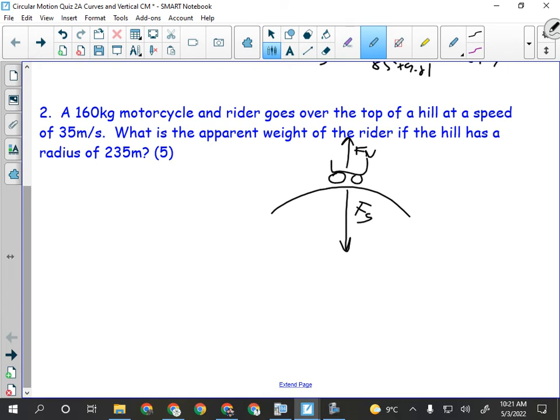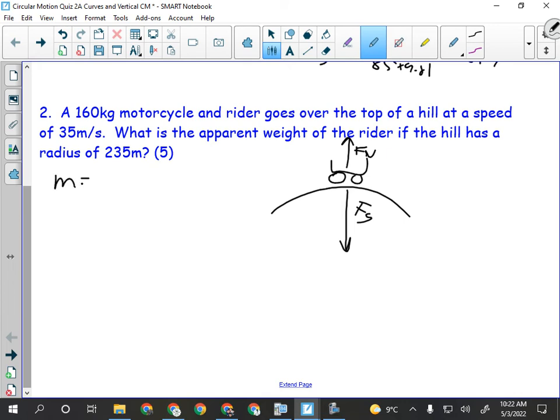Which one's bigger? Gravity is bigger. It has to be. If it's not, this thing doesn't do at all what it's supposed to do. It literally flies off of the corner, like thrown off of it. That can't happen, obviously. So normal force is going to be less, and that's what they want us to calculate because apparent weight is normal force.